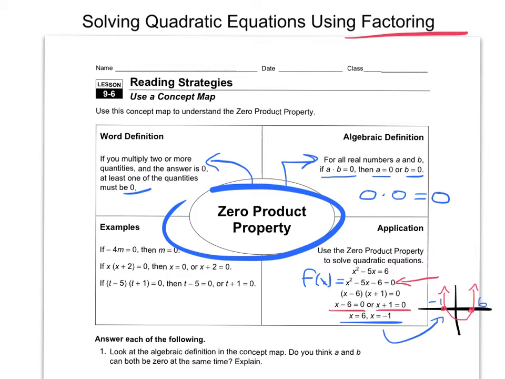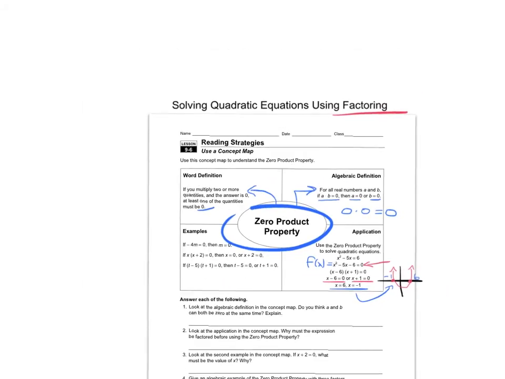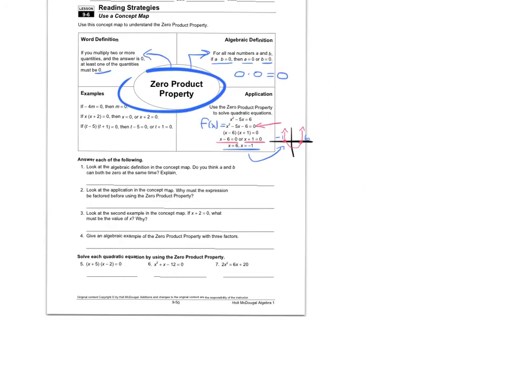Okay, for now I'm going to jump down. I'm going to skip 1 through 4. You can go back and answer those later. But I want to first look at 5, 6, and 7, and how I am actually going to go about solving that. So let's take a look at 5. Notice on 5, it's already written as two factors. So I have the product of x plus 5 and x minus 2 equaling 0.